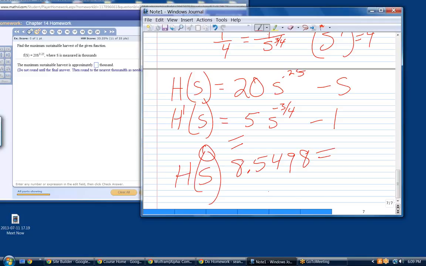So we want 20. You want to do this? Or should I do it in Wolfram Alpha? It equals 25.649. What's the digit after the 9? 6. So it's 25.650.